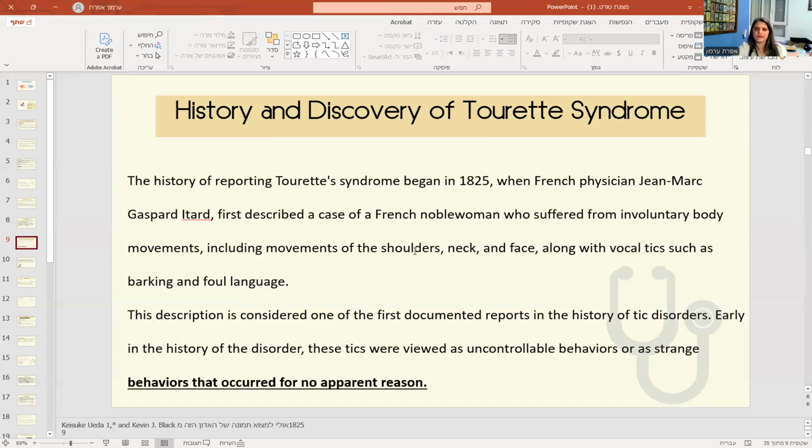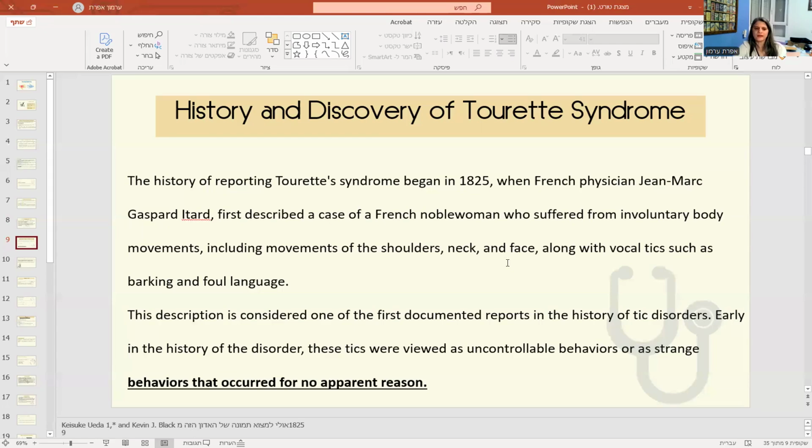He first described the case of a French noblewoman who suffered from involuntary body movements, including movements of the shoulders, neck, and face, along with vocal tics such as barking and foul language. This description is considered one of the first documented reports in the history of tic disorders.